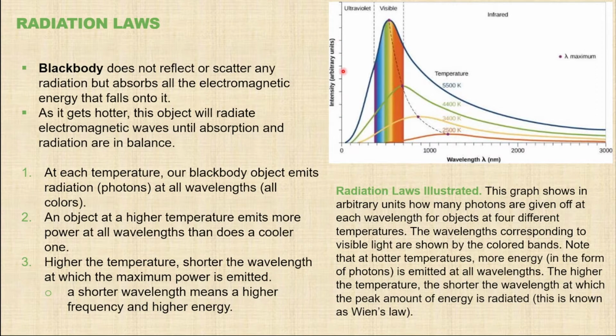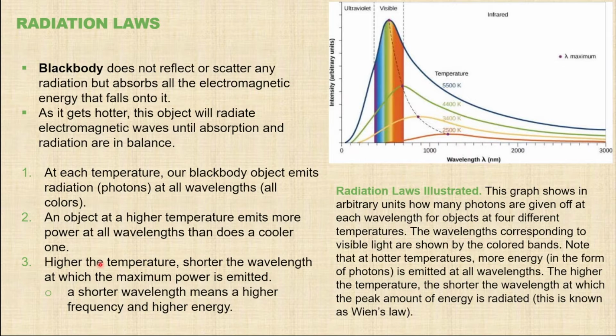Your y-axis is the power. It has less power at 2500 Kelvin compared to 5500 Kelvin, where the power is much higher. So the higher the temperature, the more powerful radiation an object emits. This will later be translated to stars. The cooler stars emit less power. Hotter stars emit high power.